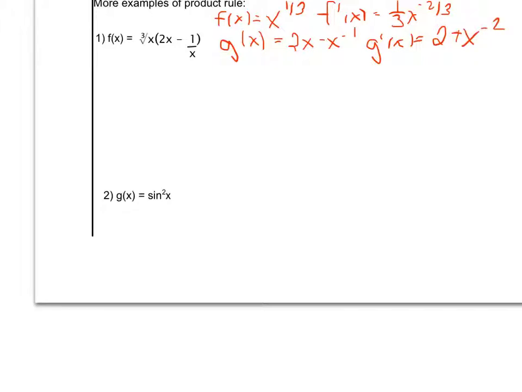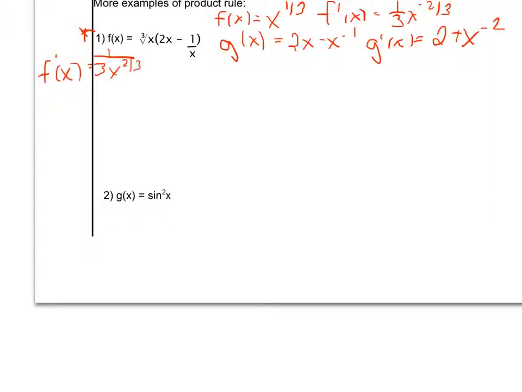Now using my product rule, I can say the derivative of my given function is the derivative of the first times the second. So 1/3, and I'm going to say it's x to the 2/3 on the bottom. So I need to rewrite that a little bit better so I can tell it's on the bottom. So I get 1 over 3x to the 2/3.